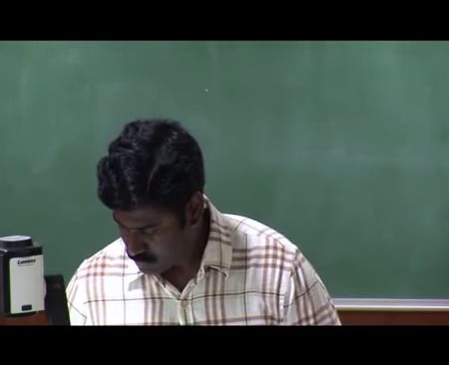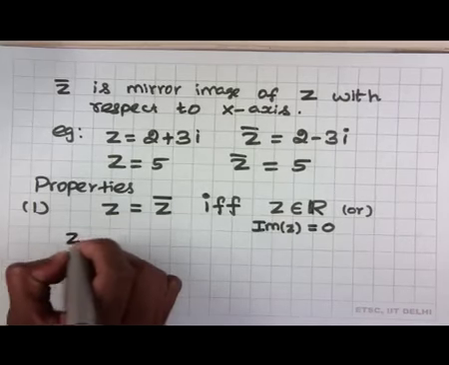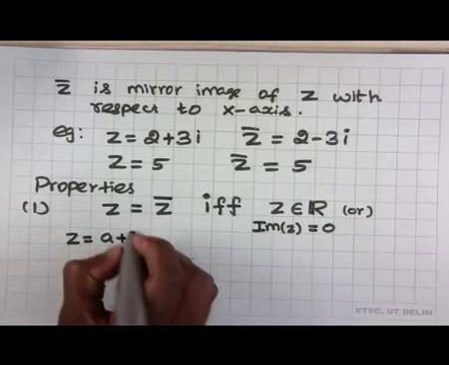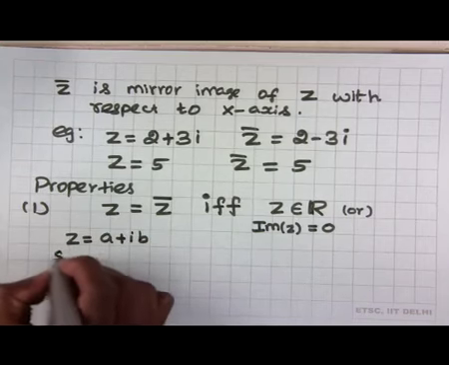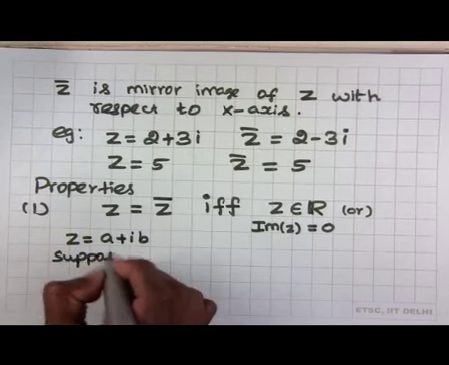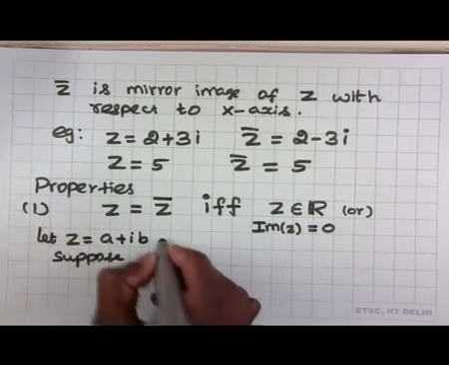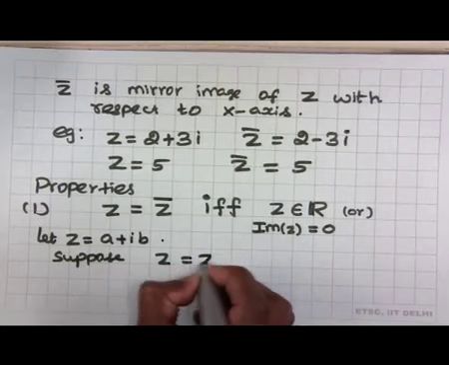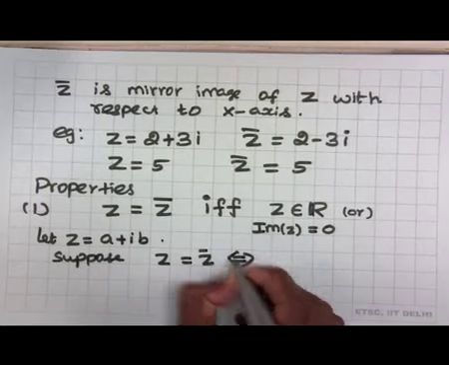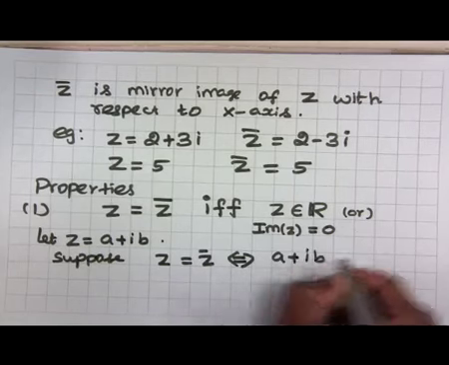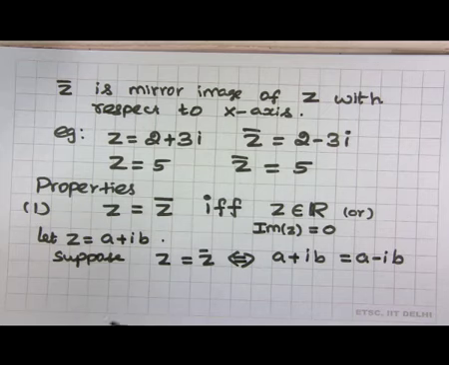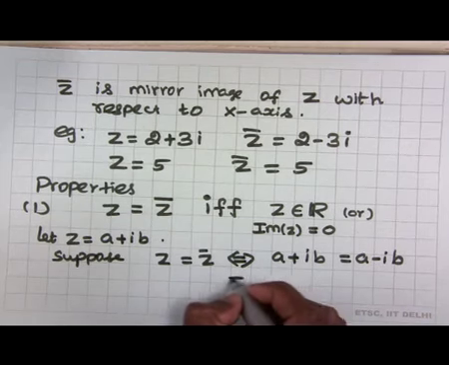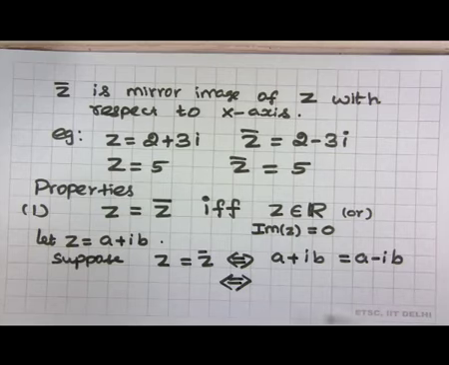So, if z is a plus I b, then suppose z equals z bar, what does it mean? It means that a plus I b is a minus I b. Then it is immediately clear that we are demanding two complex numbers to be equal, so the components must be the same.